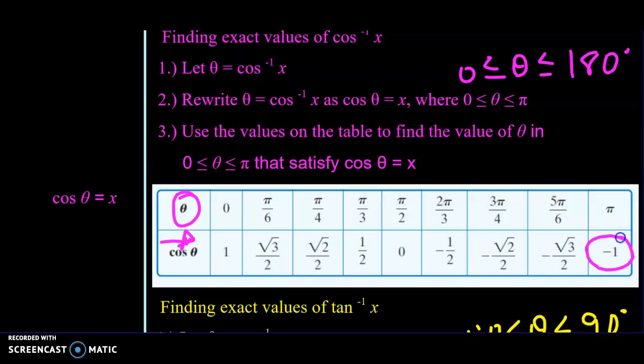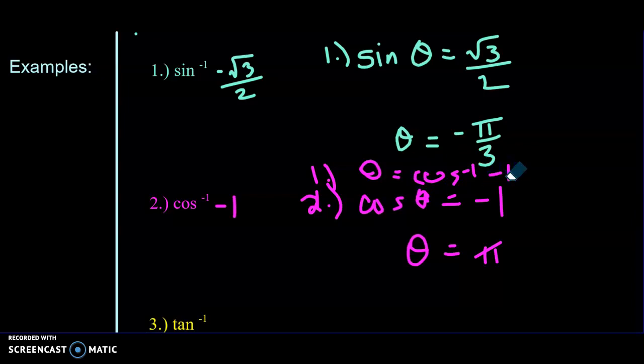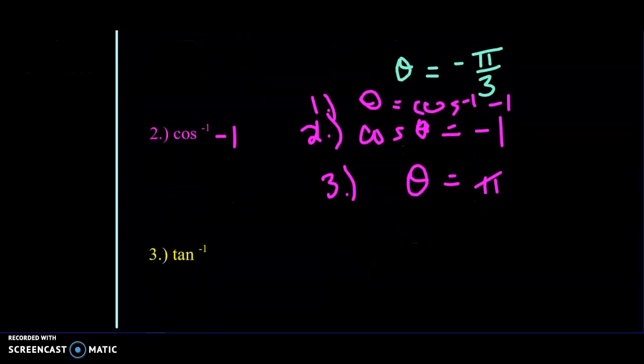Here is negative 1. So cosine theta equals negative 1 when theta is equal to pi. So that's our answer. So step number 1 is to rewrite as cosine theta equals negative 1, second, looking at the table to find out what theta equals. Okay, let's do one with tangent.